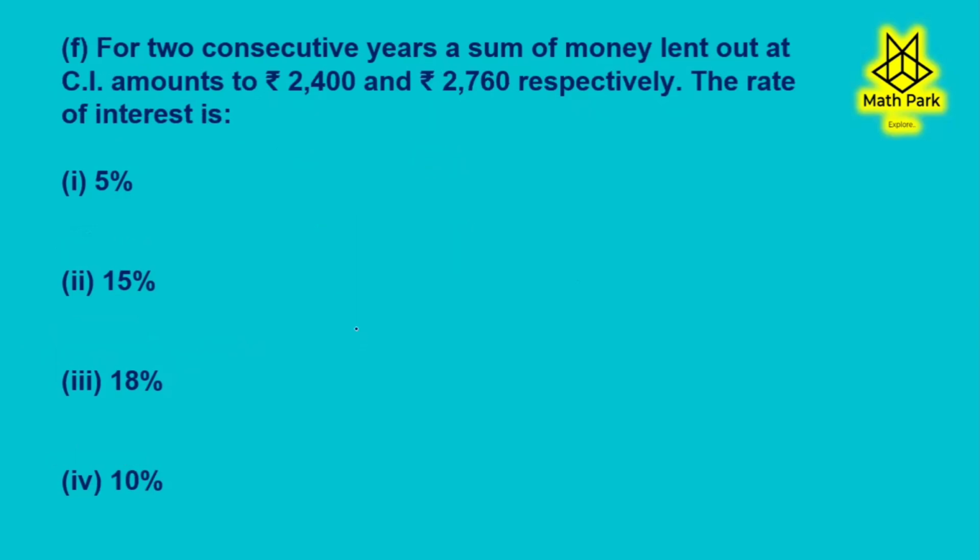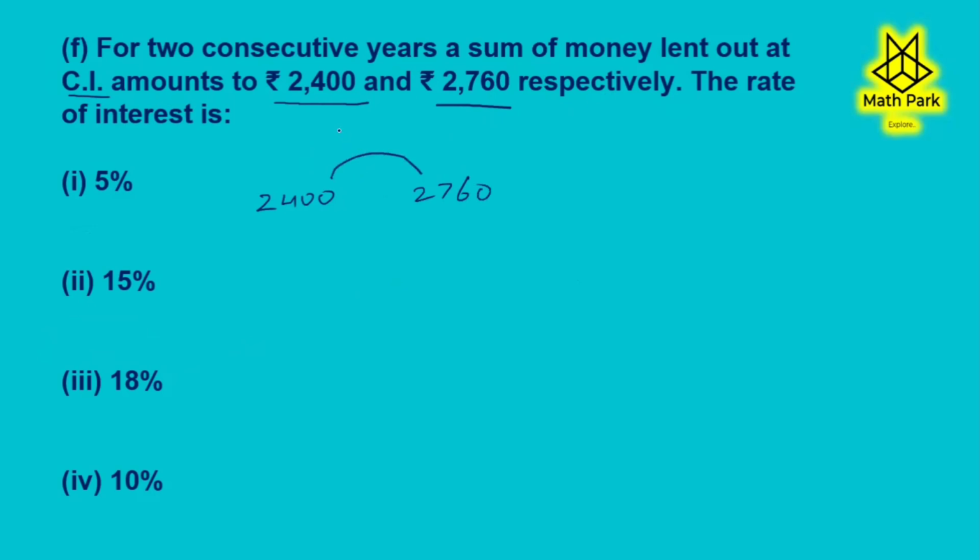The last question of today's video: for 2 consecutive years, the sum of money lent out at compound interest amounts to rupees 2,400 and 2,760. The rate of interest is? So it is for 2 years. So it is 2400 and this was 2760.